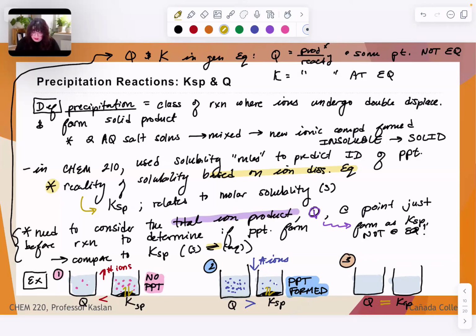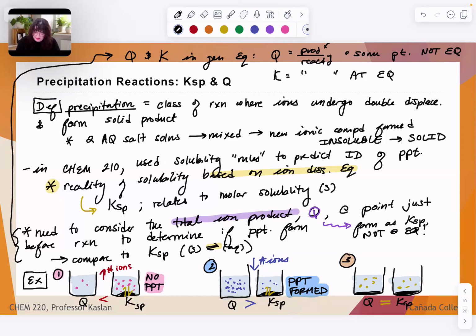So let's see here. If I've got the same amount of ions in solution as I would expect to find represented in my saturated solution, then effectively I am already at equilibrium.